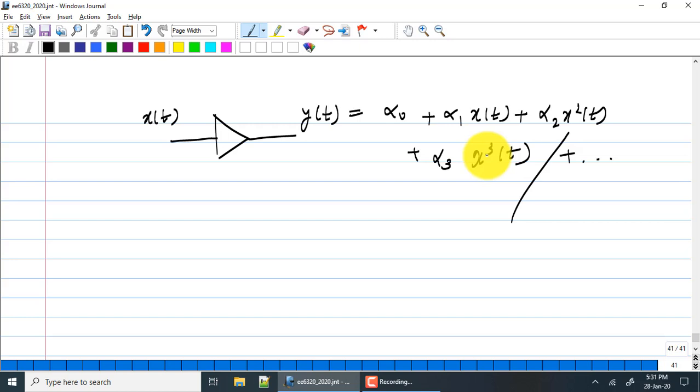Into this system, let us say I put in x of t equals some a cos omega t. What will happen? So first are alpha 0, alpha 1, alpha 2. So this is the output DC component. This should ideally be the small signal gain.